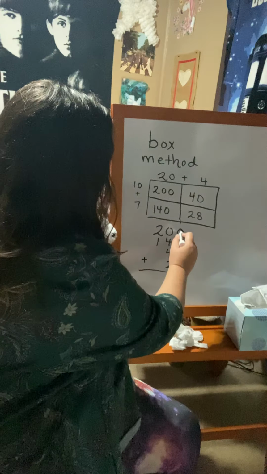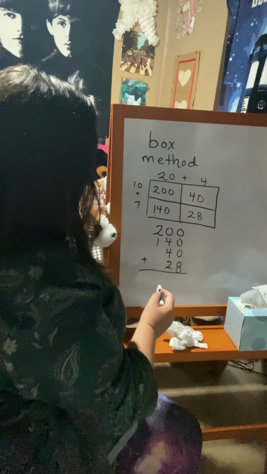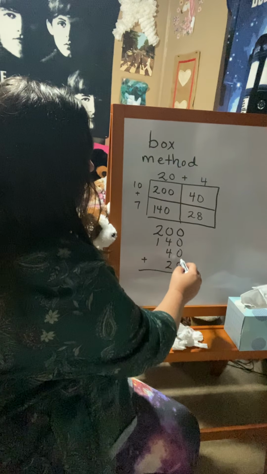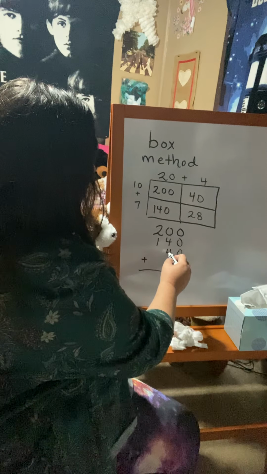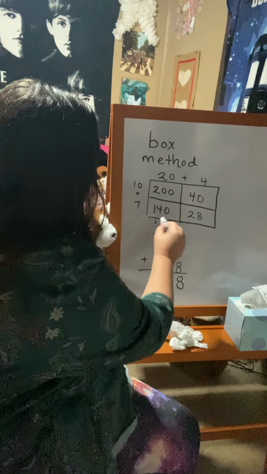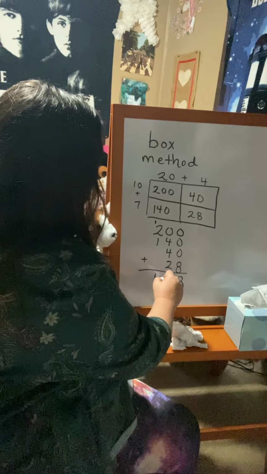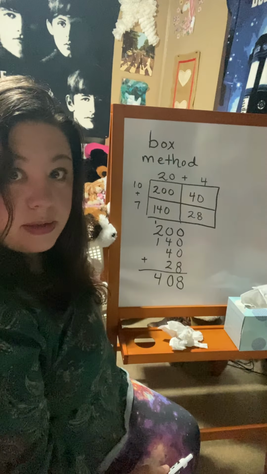Make sure your ones places are all lined up, your tens places and your hundreds places are all lined up. So this column is 0 plus 0 plus 0 plus 8 is 8. 4 plus 4 is 8 plus 2 is 10. 1 plus 2 plus 1 is 4. So your answer is 408.